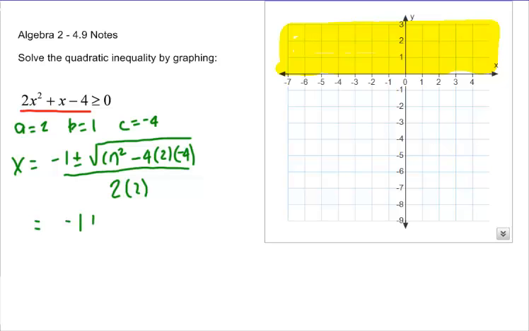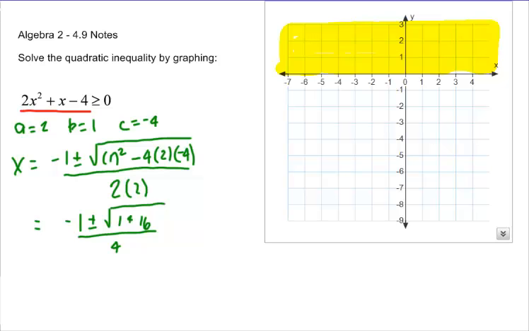You might need your calculator. If we get a decimal under the radical, we'll need to know exactly where that is. So 1 plus 16 over 4. So let's see, 4 times 2 is 8 times 4.